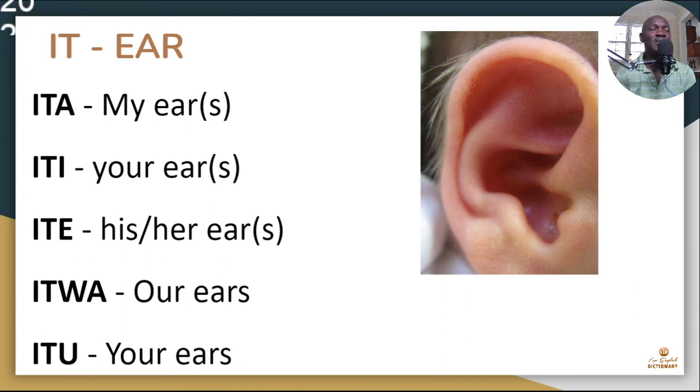Now itu means many people's ears. You're like all of you. I'll say that again. Ita, my ears. Iti. Ite. Itwa. Itu. Now you can give me sentences with it.